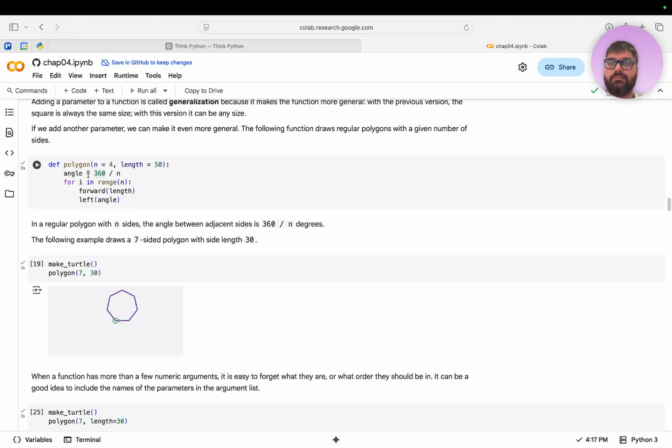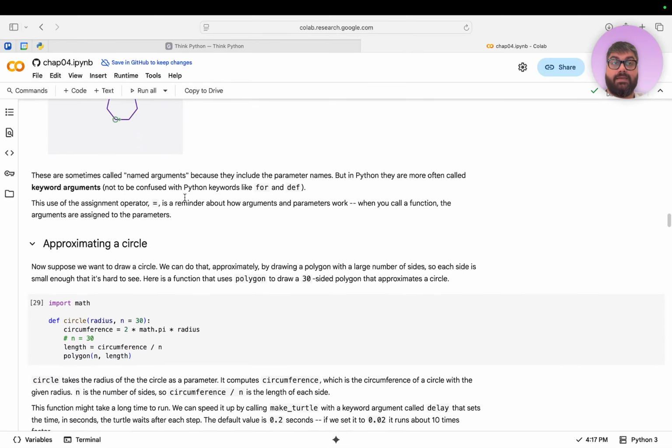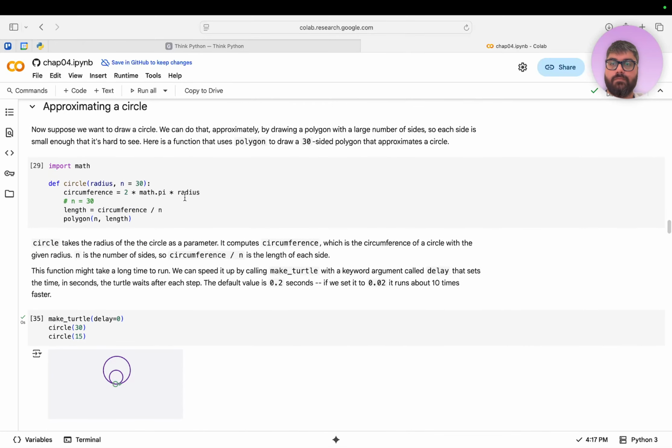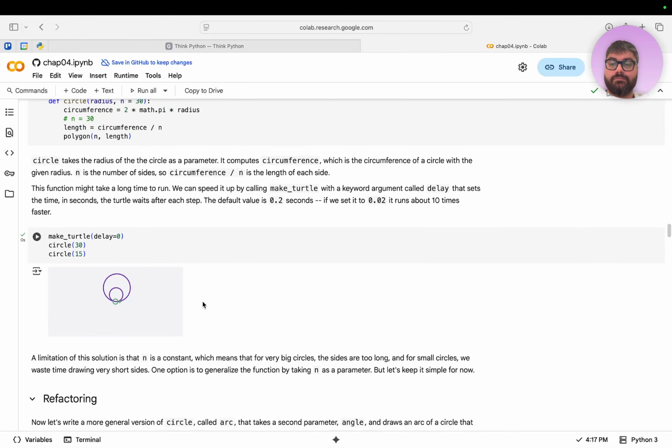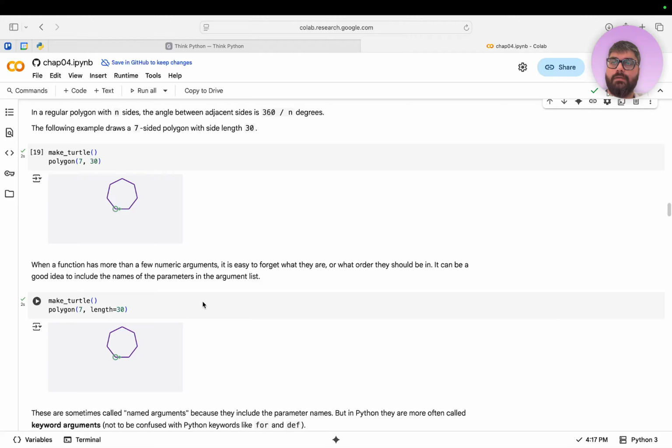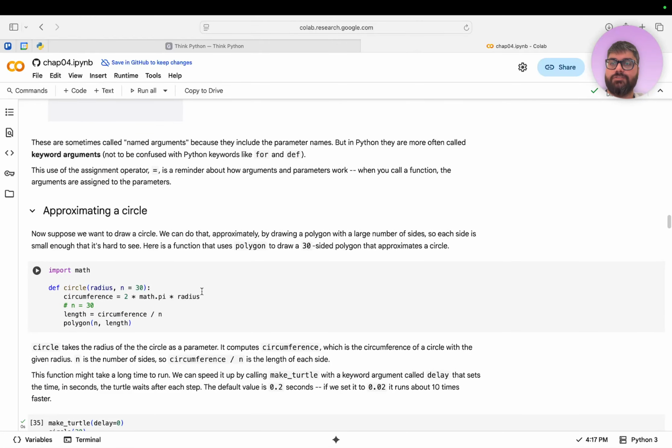I think. See, n and length was already given. Angle was just always fixed, right? So instead of doing that, we give it the angle that we want. And in polygon, that's just 360 divided by n.